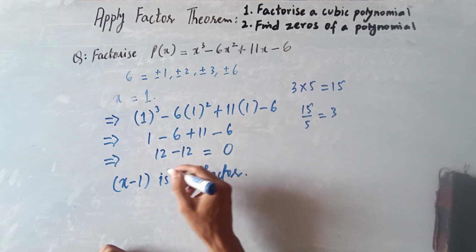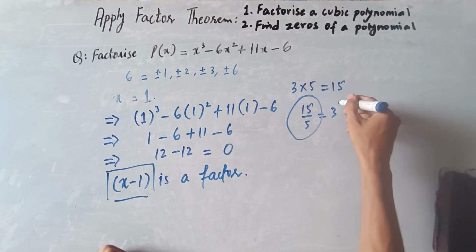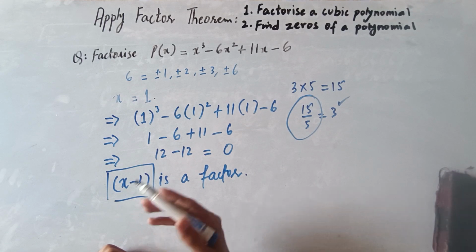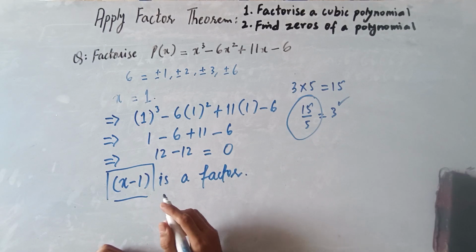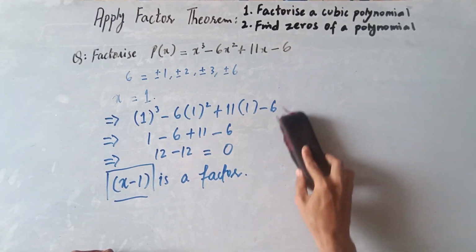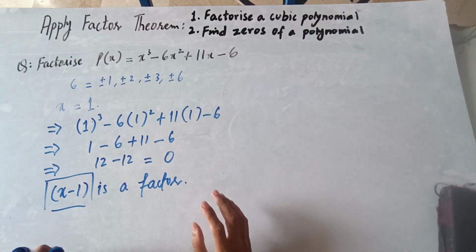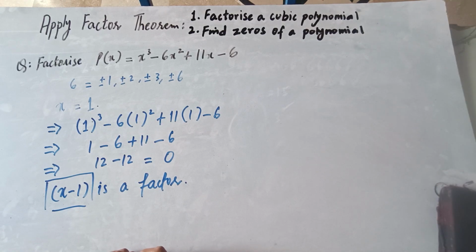We already know one factor of this particular polynomial, so by dividing it we will get the other factors of it. As I told you, there should be 3 factors of it as it is a cubic polynomial. So let's understand how we will do that. For doing this, you must remember the division of the polynomial.